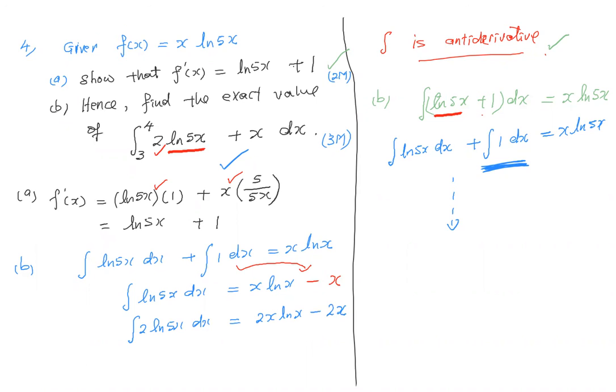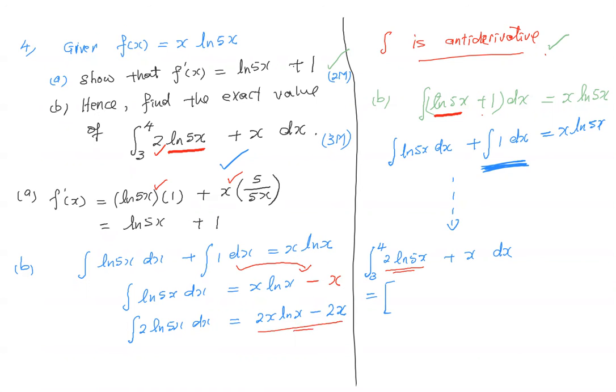Okay, so then I go back to the question. The question said I need to integrate from 3 to 4, 2 ln x plus x dx. Okay, so the integral of this part is here.